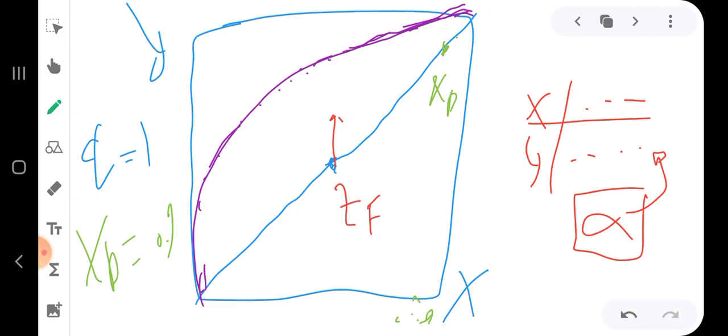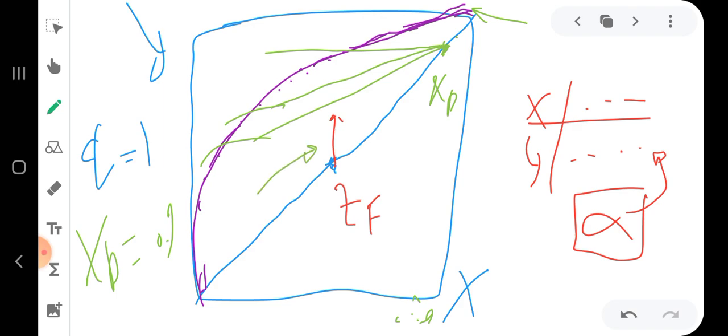For example, see this line, and this line, etc. And then you're going to see which line intersects this equilibrium curve, which is the purple curve, and also intersects this Q line if it is extended.